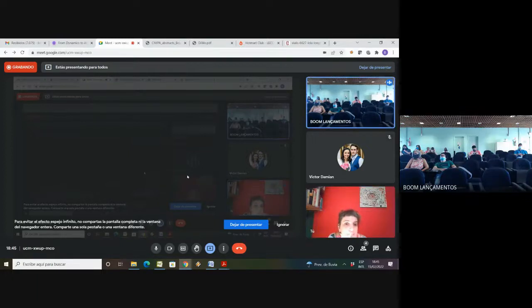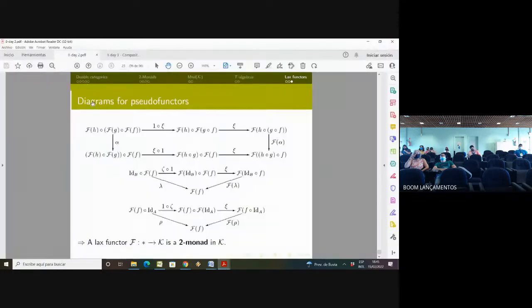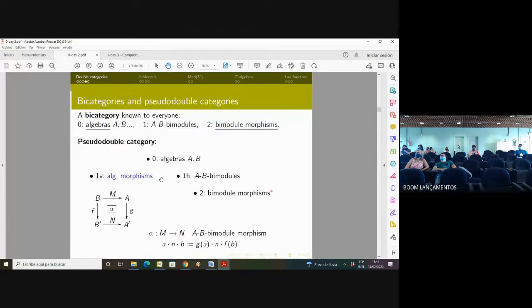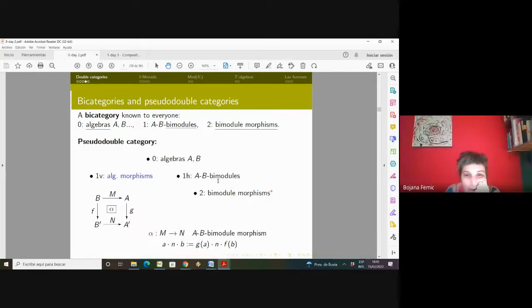Yes, again, that category where 0-cells are algebras and 1-cells are bimodules, the double category you presented. If you take a 2-monad there, which will be a 1-cell between the same 0-cell, from A to A, then it will be an A-A bimodule. If it is a monad, this will be a ring. Yeah, I never thought about that, but definitely it gives something in this direction, as you are saying. That's a nice point.